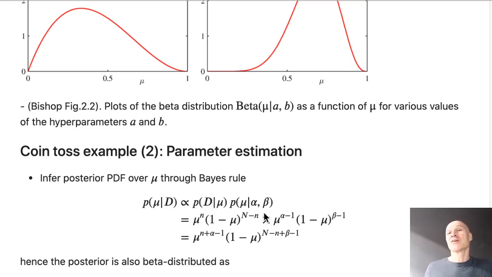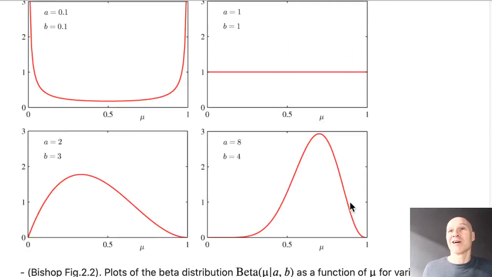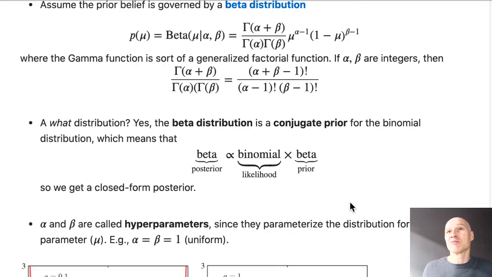If you do that, you'll see that this here is the likelihood, and these are all the factors in the beta distribution that have mu inside them. The beta distribution also has a normalization term, but it's not a function of mu.